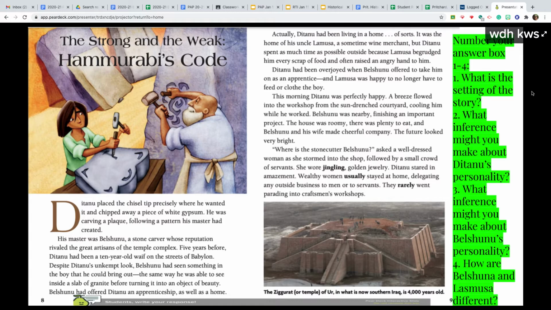Okay, number your answer box 1 through 4. Beside number 1, you're answering what the setting of the story is. So where and when you think this story takes place. Type it beside number 1.